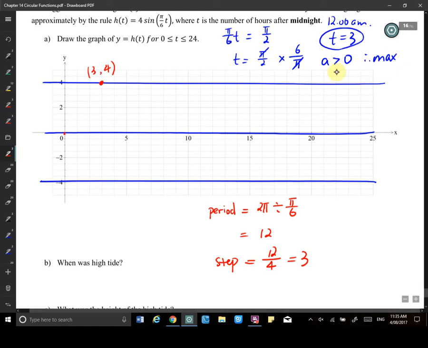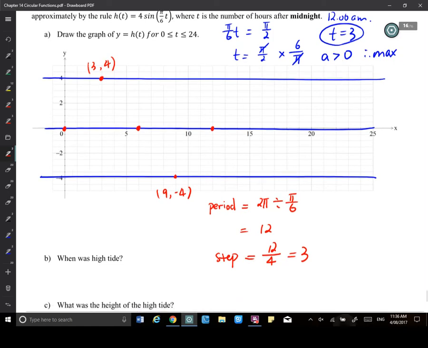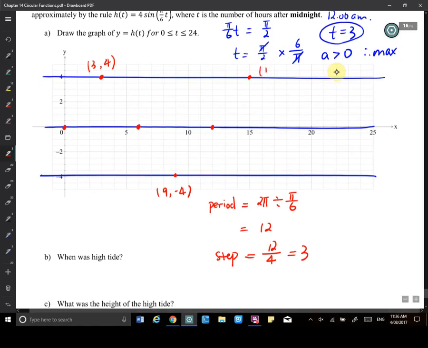So you go left by 3, you have (0, 0) here, and 3 to the right you have (6, 0). Another 3, you have (9, -4). Plus 3, you have (12, 0), and plus another 3, you have (15, 4).